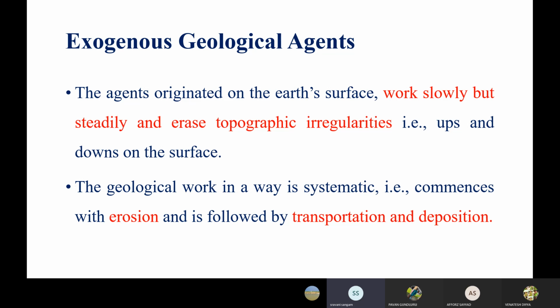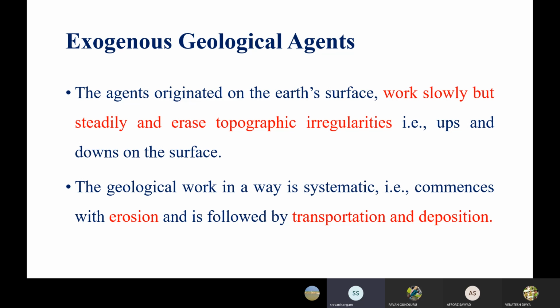Here, what is meant by exogenous geological agents means some of the agents act on the earth surface. Those forces work slowly and steadily, but they form topographical irregularities, for example ups and downs on the surface.